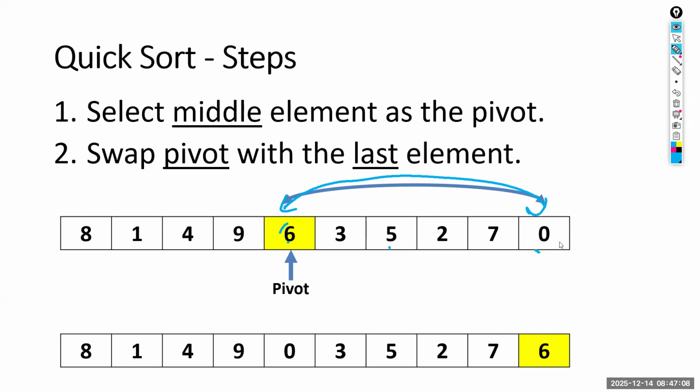Let's concentrate on one approach, because you can see there are so many ways we can do it. Let's assume we always take the middle one as the pivot and then swap it with the rightmost element. So that means 0 comes here, 6 comes here. This is our pivot, or the reference, for this iteration.